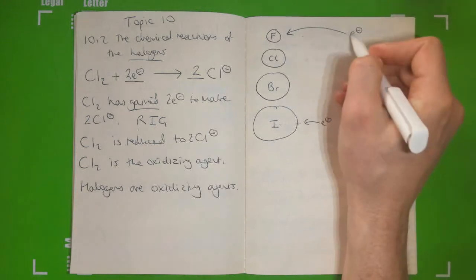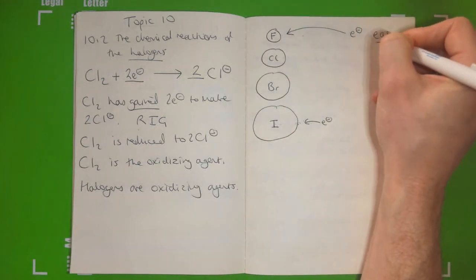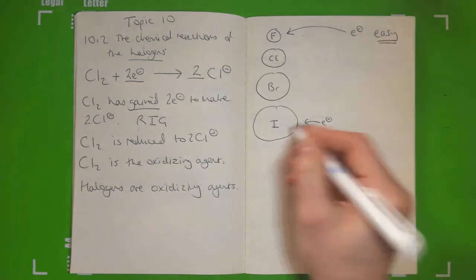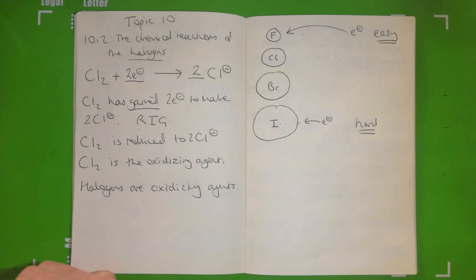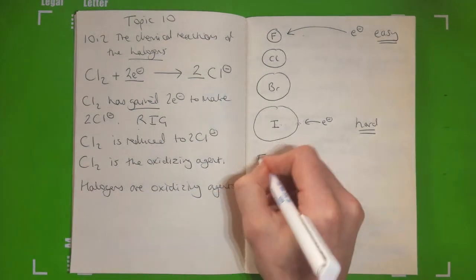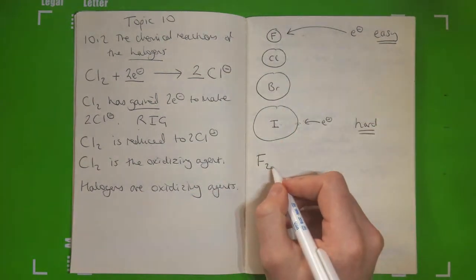So therefore this process here is more likely to happen, okay? And this process here is less likely to happen. So what we can say is that F2, the top of the group here, is the most powerful oxidizing agent.